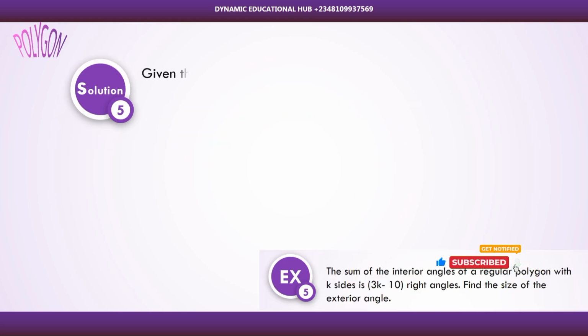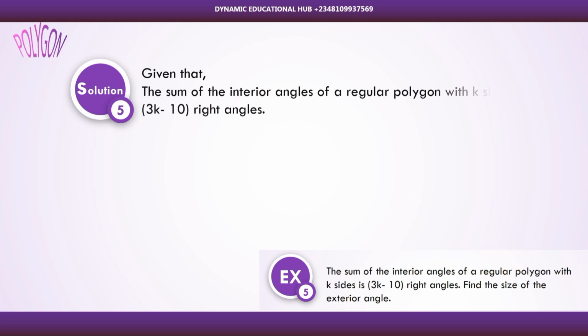In the question, we are given the sum of the interior angles of a polygon with k sides, which is 3k minus 10 right angles, and that gives us 3k minus 10 multiplied by 90 degrees, and it equals k minus 2 multiplied by 180 degrees. k minus 2 multiplied by 180 degrees is the formula to find the sum of interior angles of a polygon.